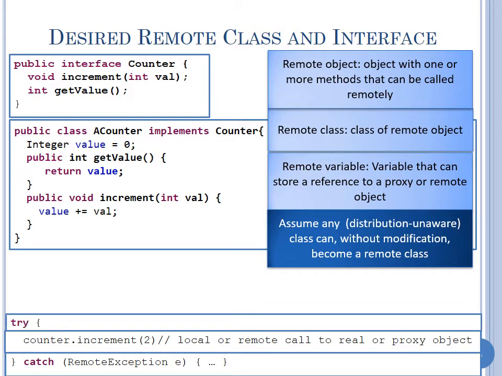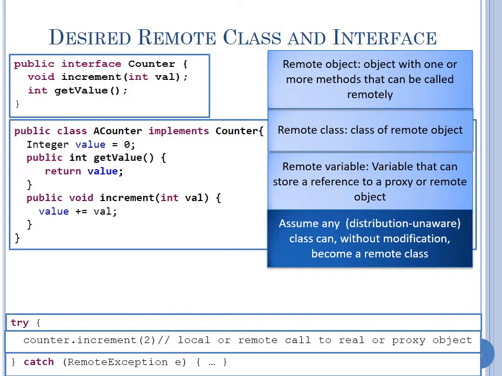And we saw that errors can occur. Errors can always occur, but there are certain errors that occur only in a distributed context. Those errors in Java are captured as remote exceptions by the type RemoteException. And we saw that distribution errors are things that a programmer can't avoid.